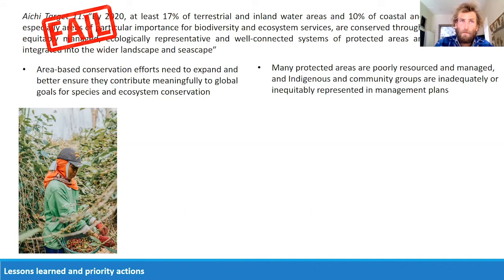OECMs are more flexible in that they by definition are required to be a way to conserve social and cultural values whilst delivering biodiversity benefits as well.